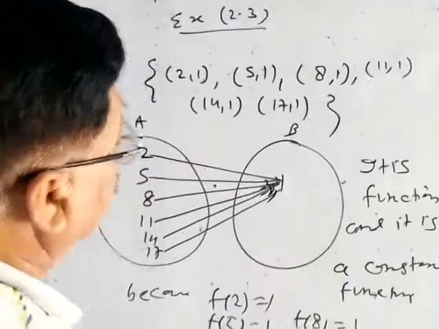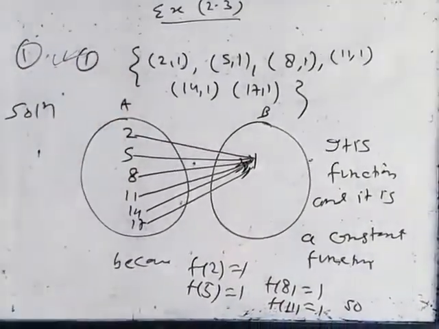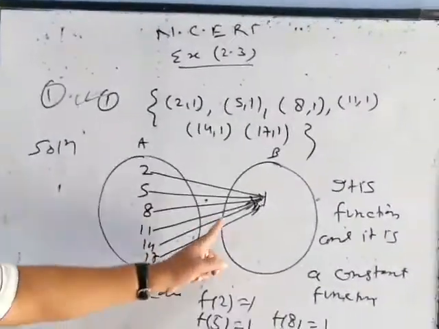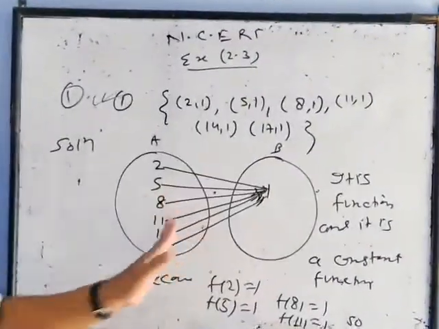It is a function because each element of the domain is associated with an element of B.